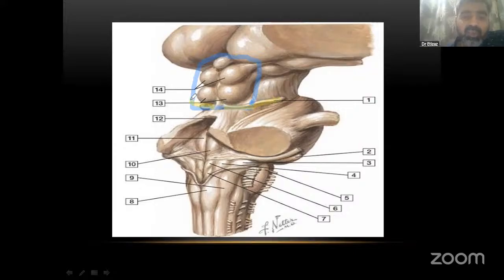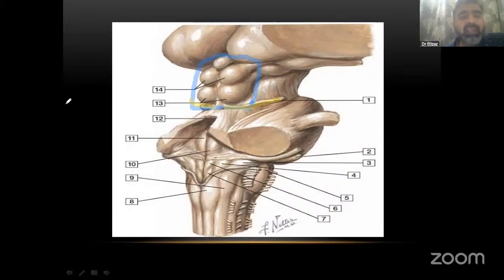Trochlear nerve is the only nerve in the brainstem that arises from the dorsal surface, the posterior surface. All other nerves mostly arise from the anterior or anterolateral surface. But the trochlear nerve emerges from the posterior surface, then comes anteriorly. So these are the important structures in the posterior surface.